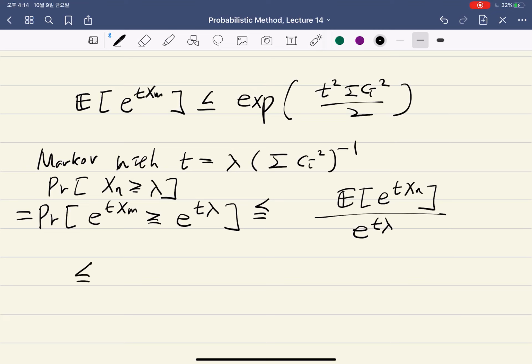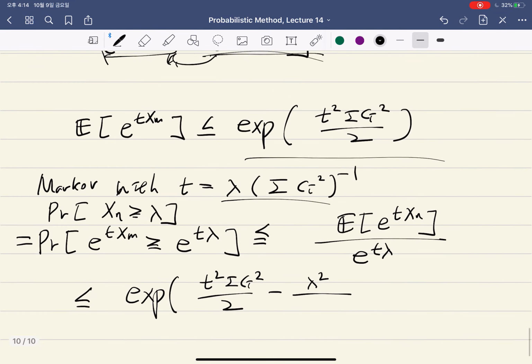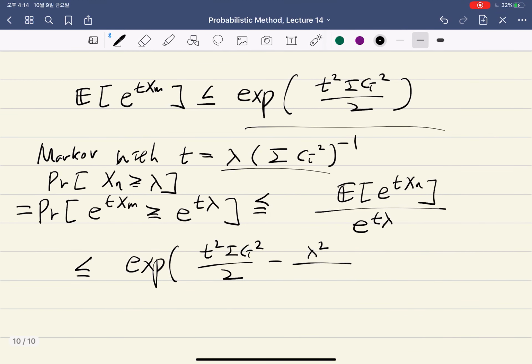What was this? We have the exponential function of this minus t lambda. But what was lambda? Lambda, you multiply by t, you get this.